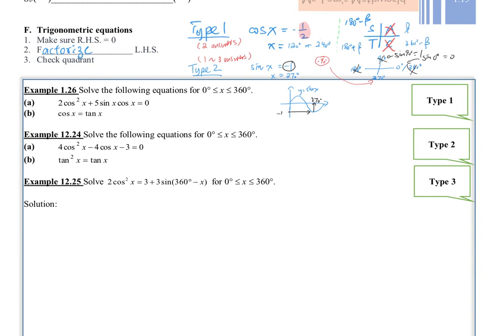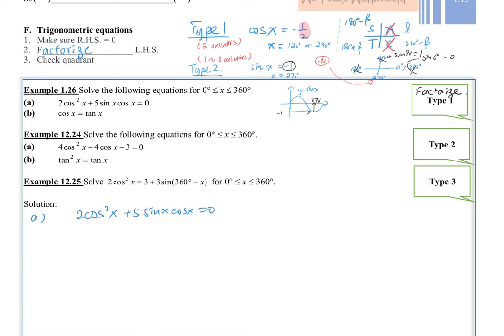So what are the differences for type 1, 2, 3? For type 1, we only need to factorize. Of course you have to put everything on the left, because we don't have anything other than just taking the common factor on the left.